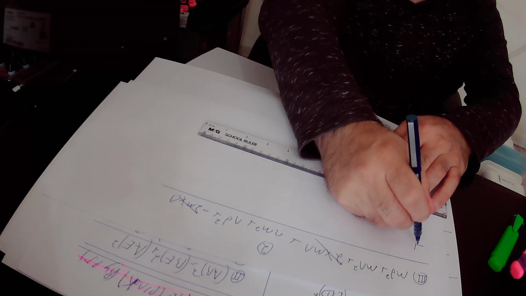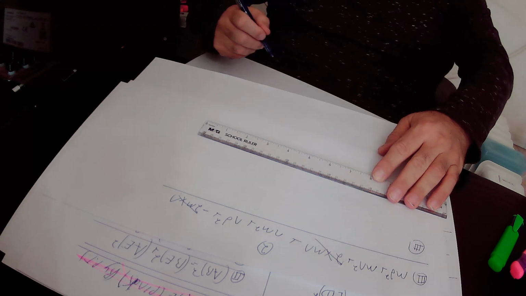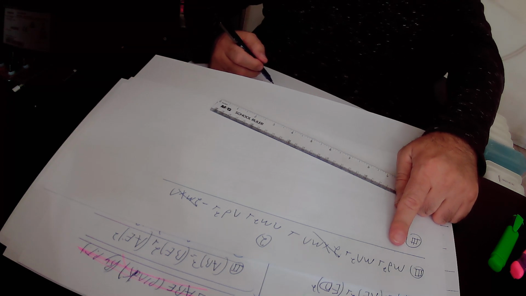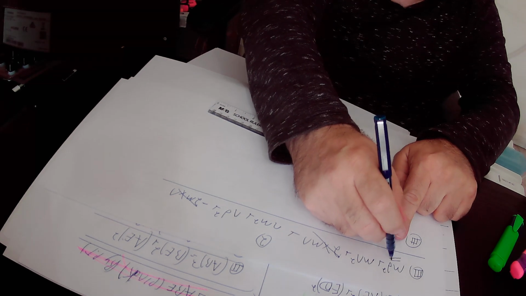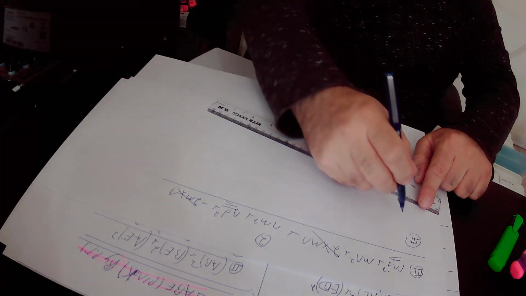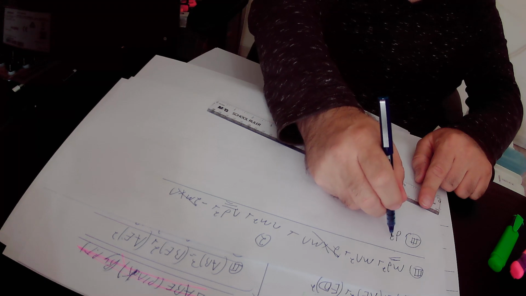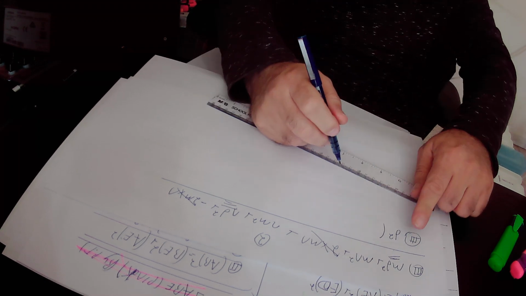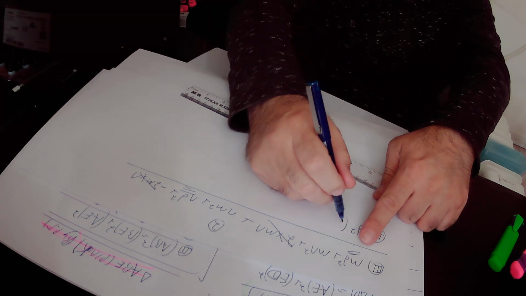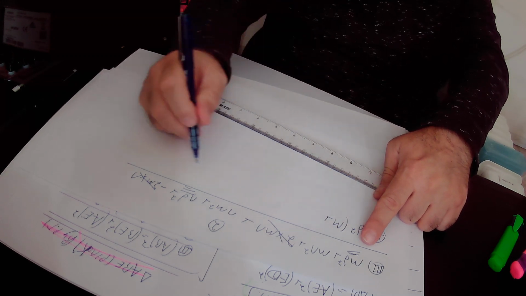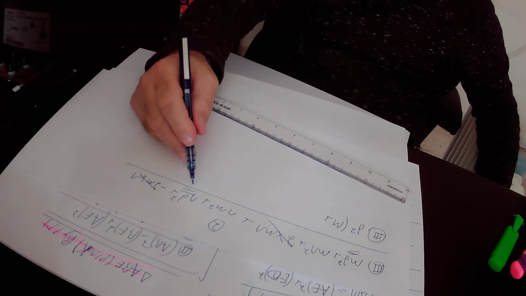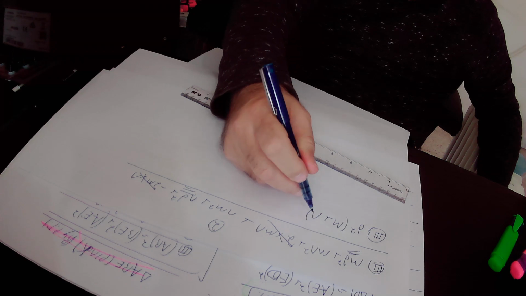In the next step, we'll take out d square as a common factor from this expression and also from this expression. So d square is taken as a common factor. Inside the brackets, after we took d square as a common factor, we will have m plus n.